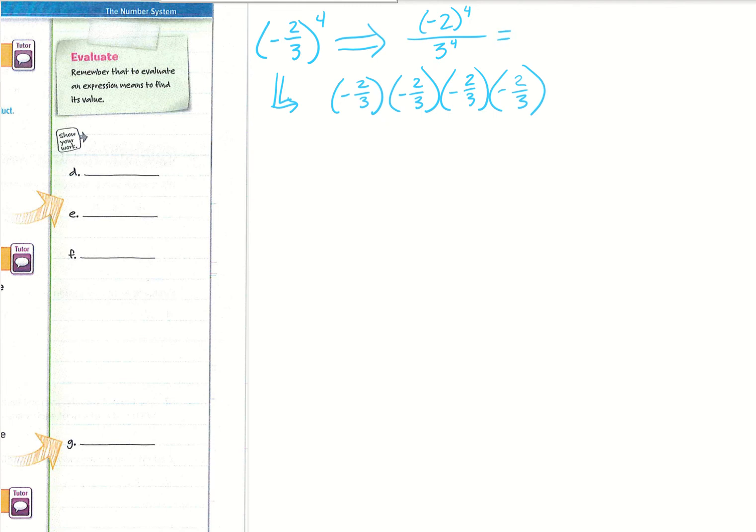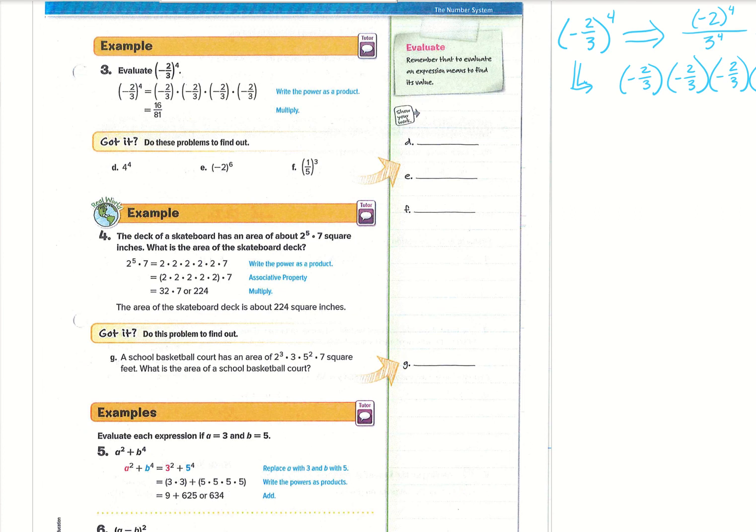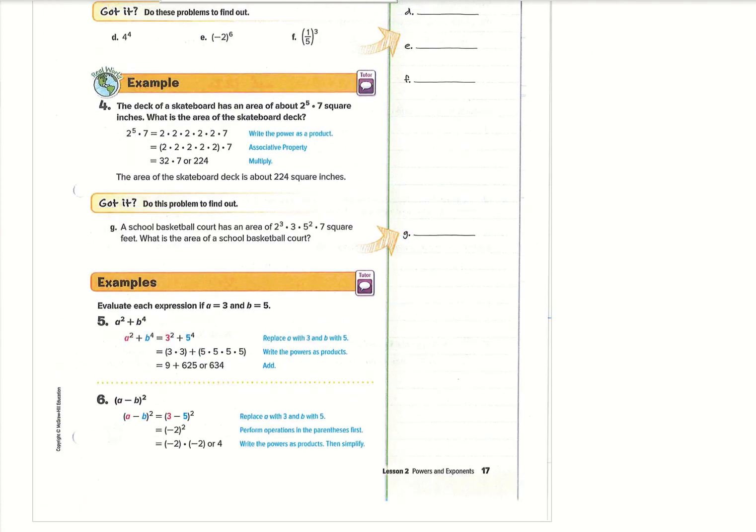All right, so negative 2 to the 4th power is 16, 3 to the 4th power is 81, so that would be your final answer. Any of these ways that you did that, that's what you're going to end up with. All right. I won't make you worry about the got it problems for that one.